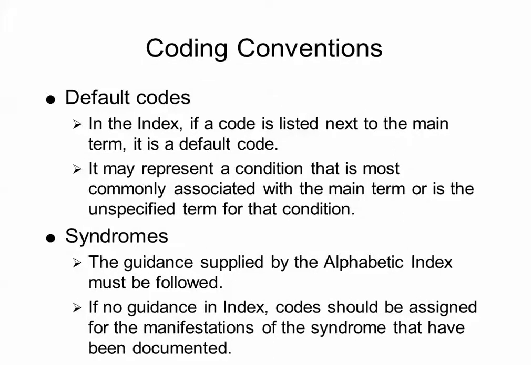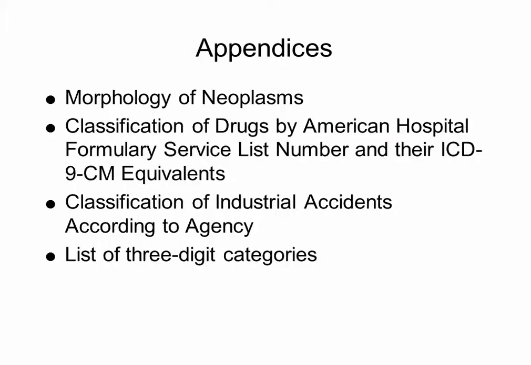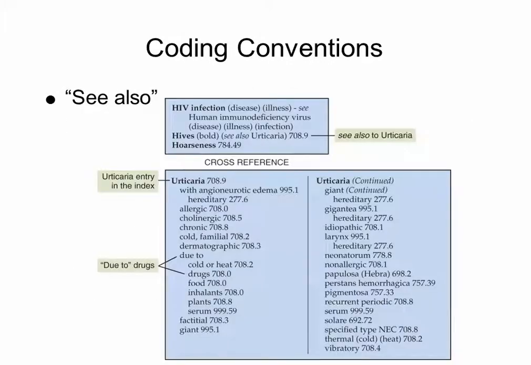Okay? So, let's see if they have one here. Okay, so urticaria. Right next to that, it's bolded, it's flush with the left margin. Right next to it is a code, 708.9. 708.9 is unspecified. This is called the default code for urticaria. Okay?